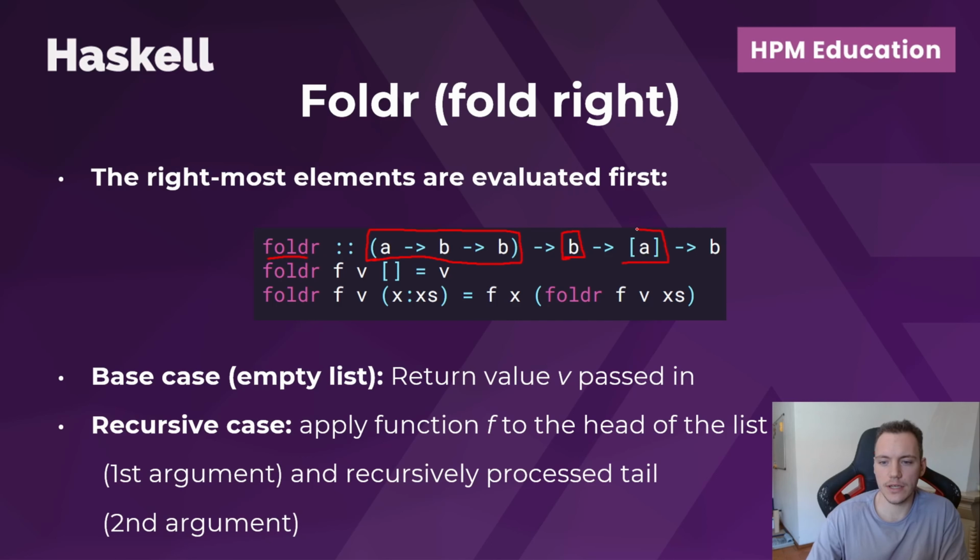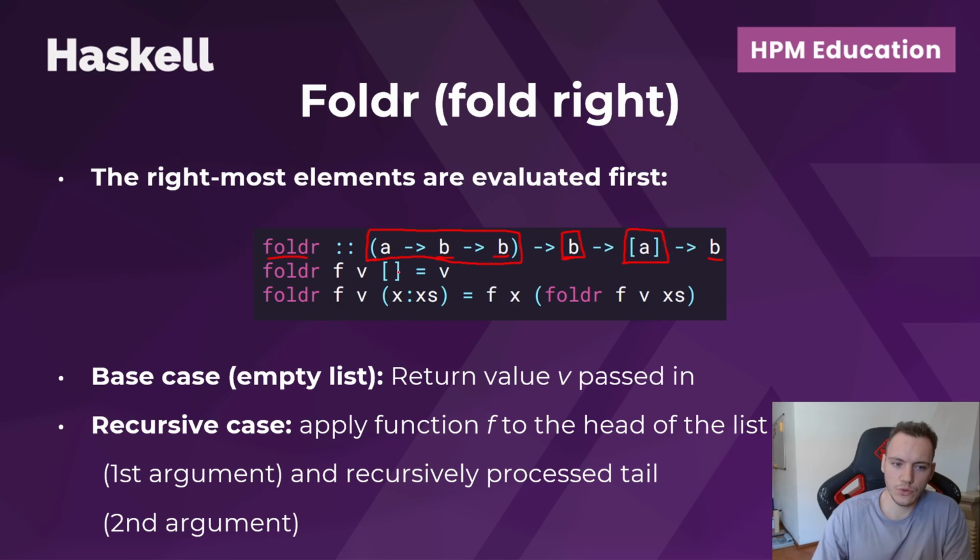And then the list of A's is a data structure that we want to fold over. And the final result is a type of B. So the final result will match the result of the combining function, and the starting value B must match also the second argument of the combining function.